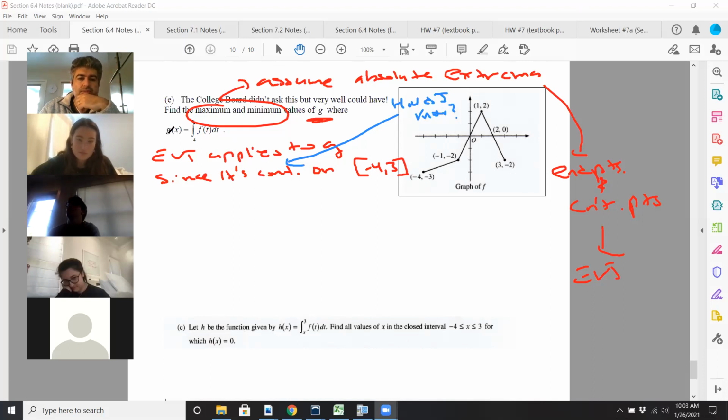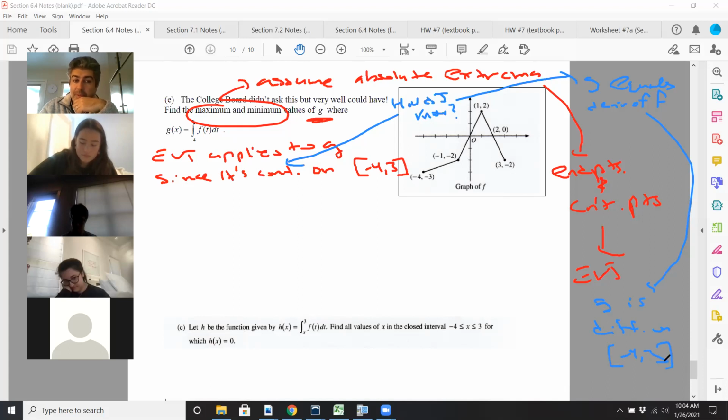G equals the derivative of F. This means that G is differentiable on that interval. So guess what? If it's differentiable, is it continuous? Yeah. Continuity is guaranteed when you're differentiable. We talked about it back in the fall. Because G equals a derivative, so it's got to be differentiable.